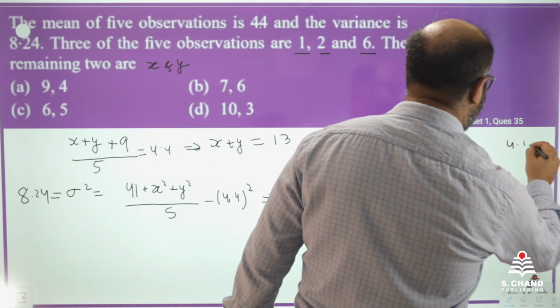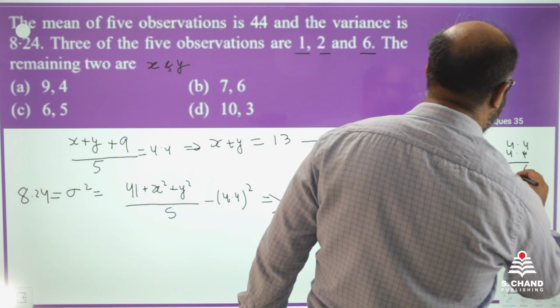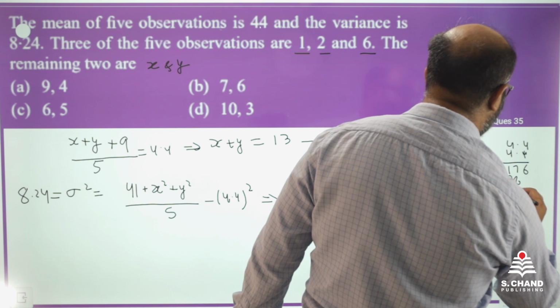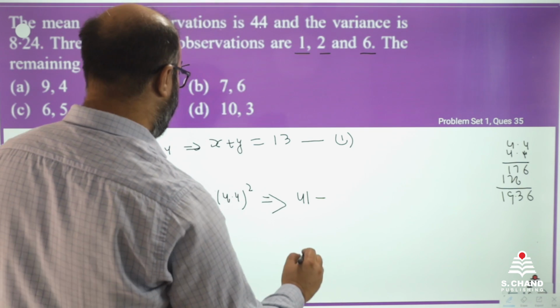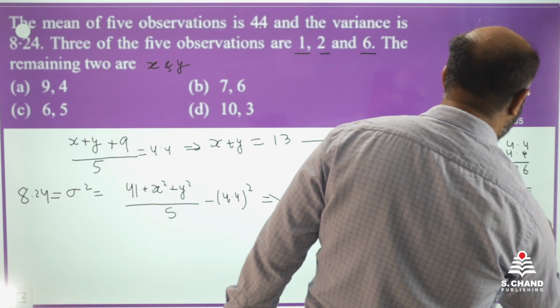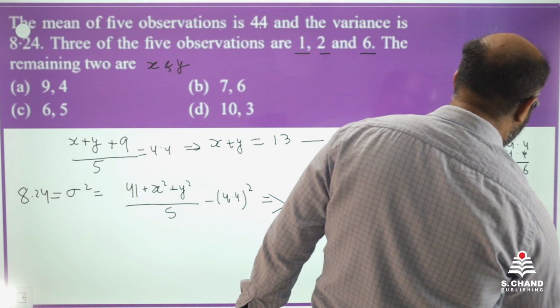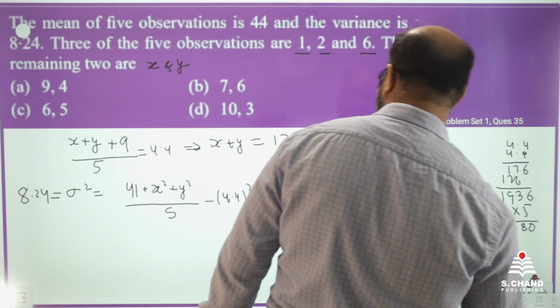Let us calculate. 4.4 square is 19.36, and into 5 you will get 96.8.